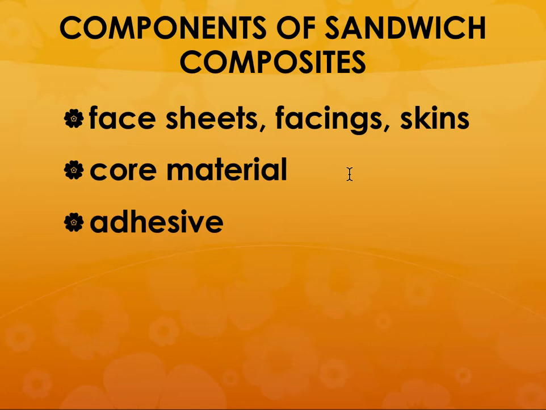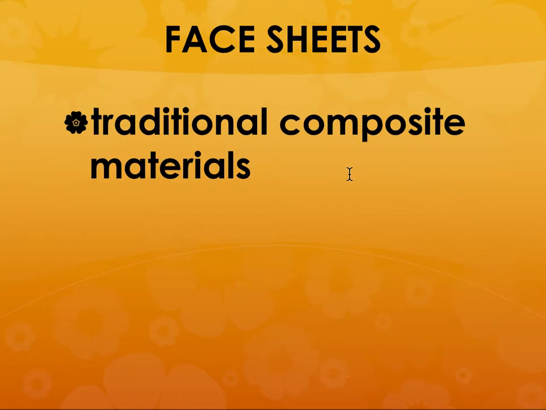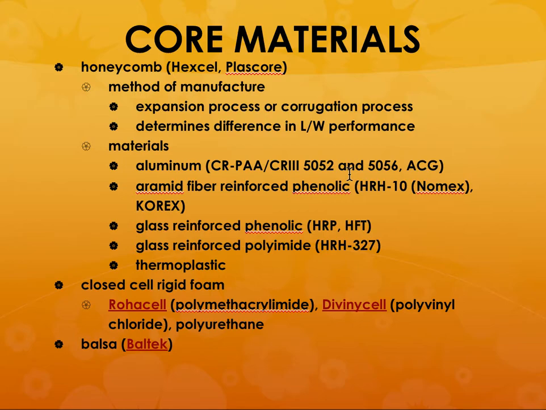It can be of the order of, say, 0.25 grams per cc, 0.5 grams per cc, and so on. So face sheets are traditional composite materials, and core materials are called honeycomb, and the standard manufacturers are Hexcel or Plascore.